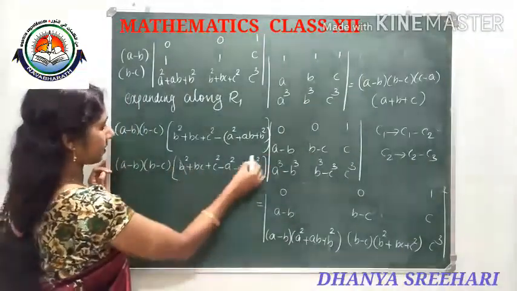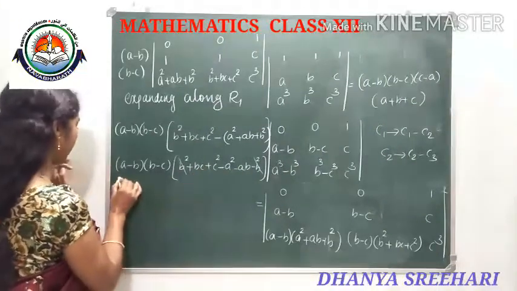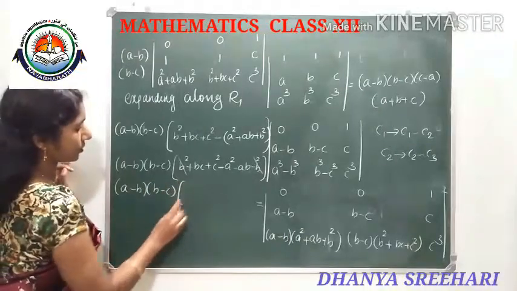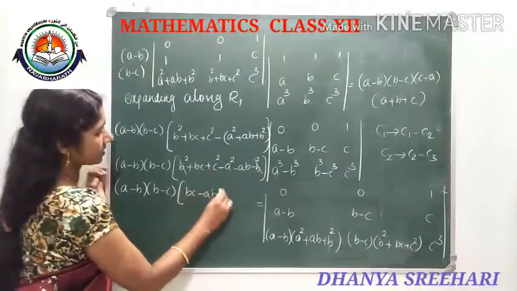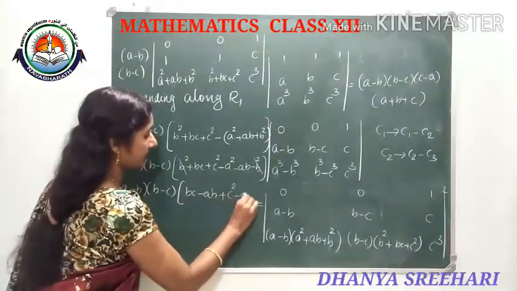The b square minus b square cancelled. bc minus ab, writing together, b into c minus a, plus c square minus a square.